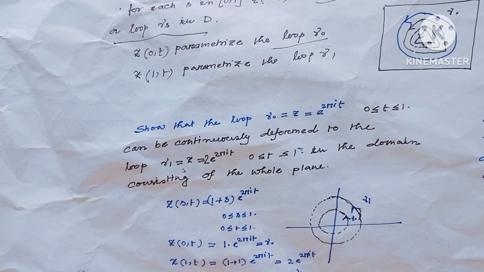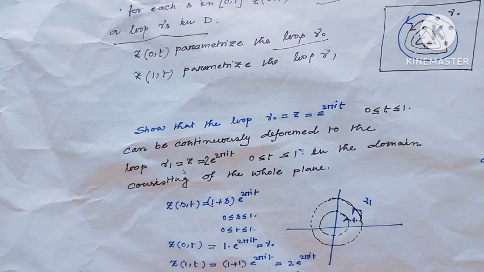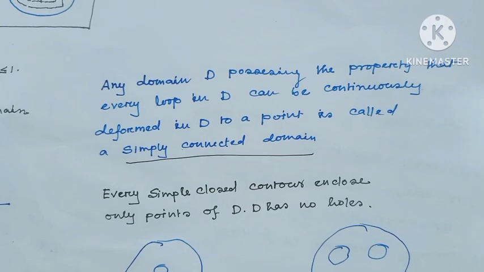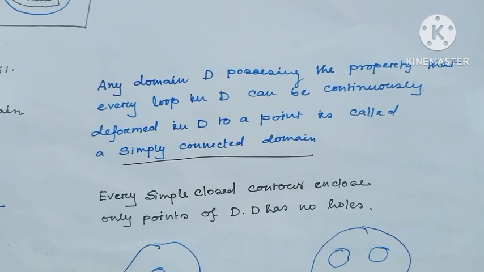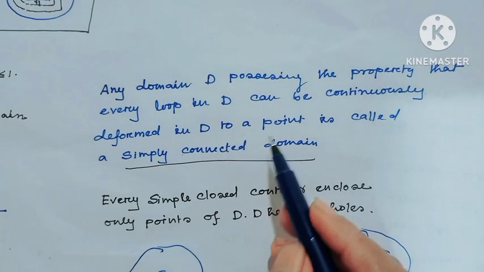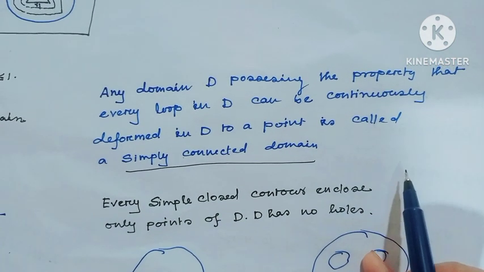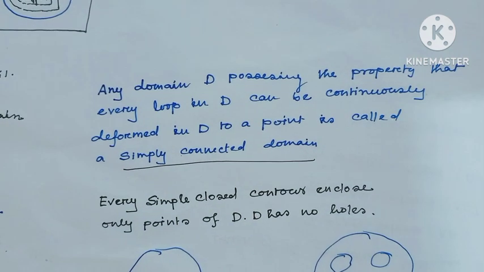Okay, now let's see the definition of simply connected domain. Any domain D possessing the property that every loop in D can be continuously deformed in D to a point is called a simply connected domain.